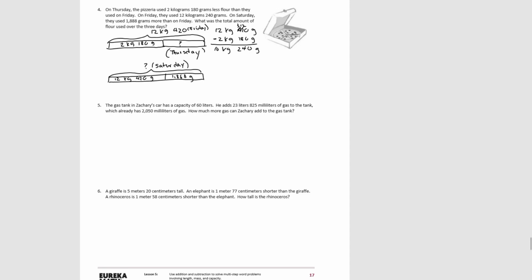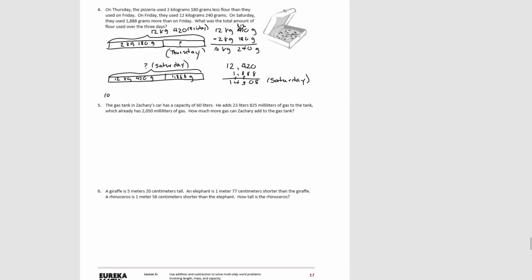So if we rewrite this all in grams, that tells us what they did on Saturday. And the question is, what was the total for the 3 days?